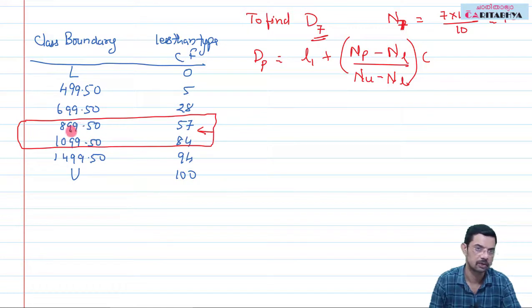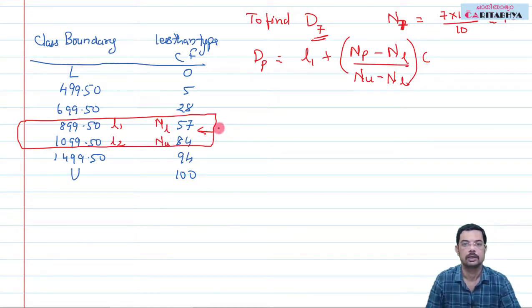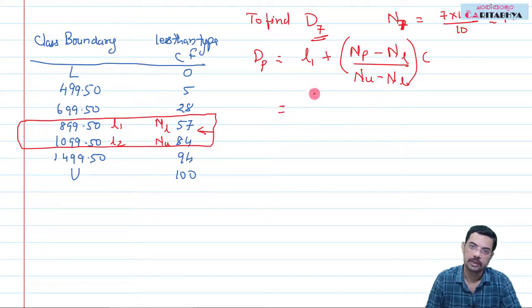It is a coincidence that we got the same class. So this is our L1, this is our L2, this is our NL, and this is our NU. Here we have our 7 into N divided by 10. The class length will be 200.